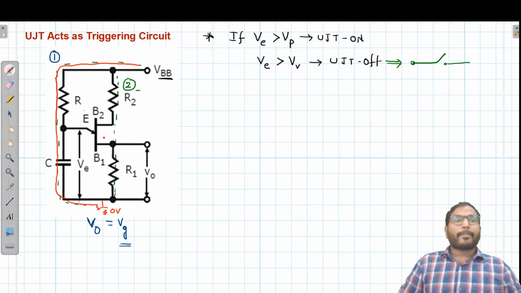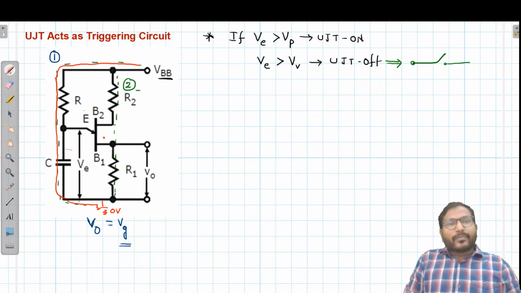In this path we can observe the existence of the capacitor. When the current passes through it, the capacitor starts charging.